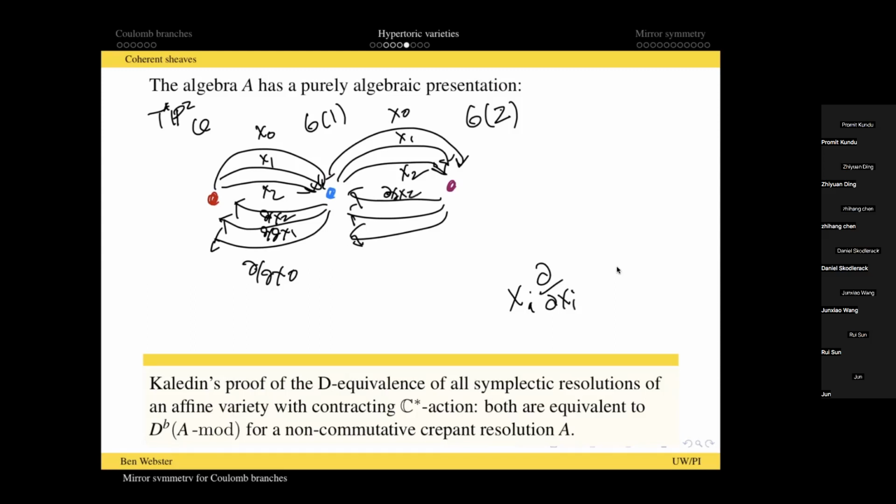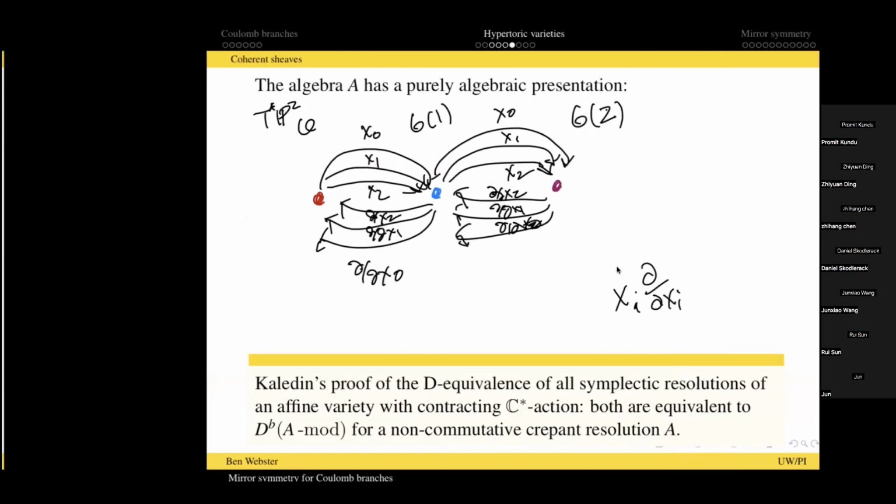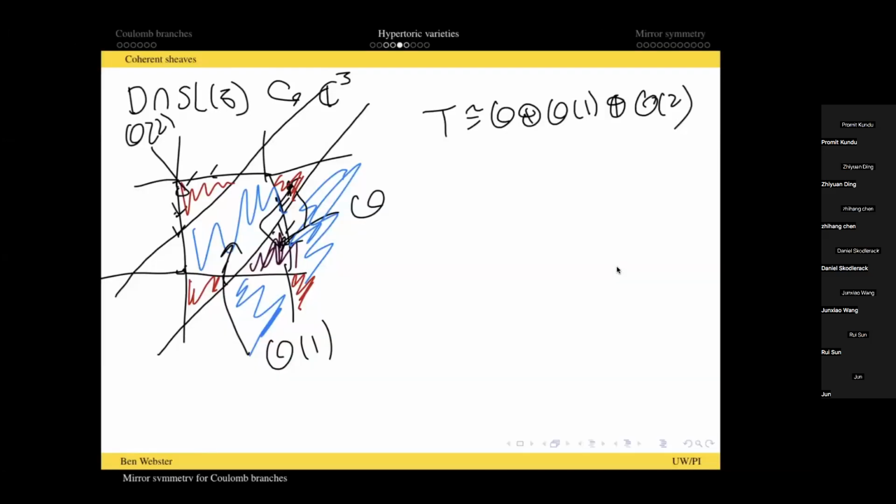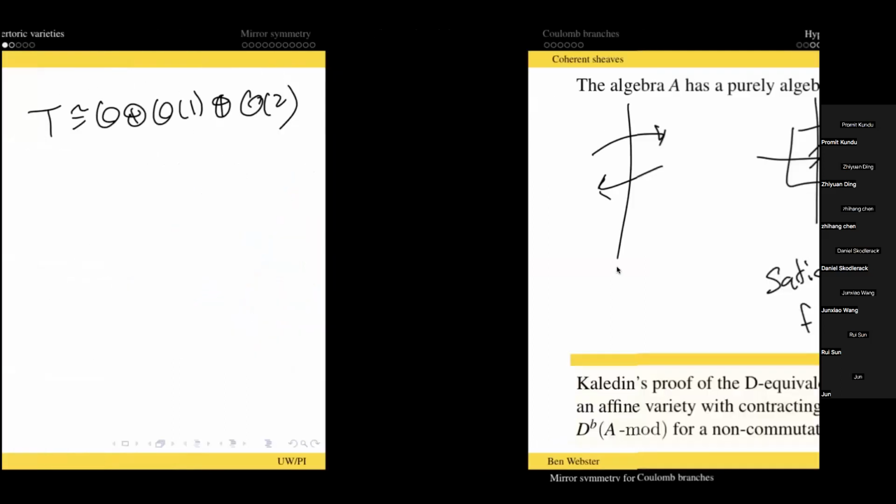And so the interesting quadratic relations, there's only one quadratic relation in this case that comes from the fact that, like here, I have 3 normal vectors, and there's a linear relation between them.